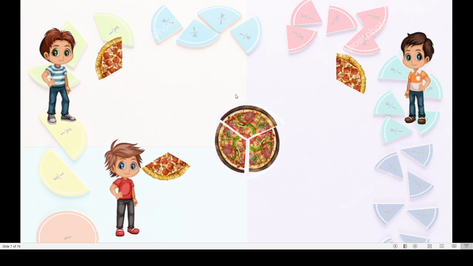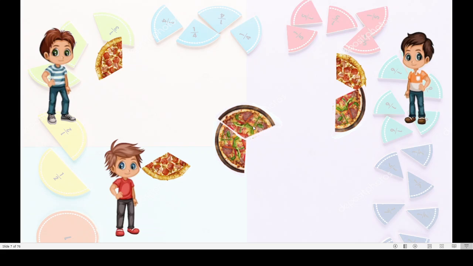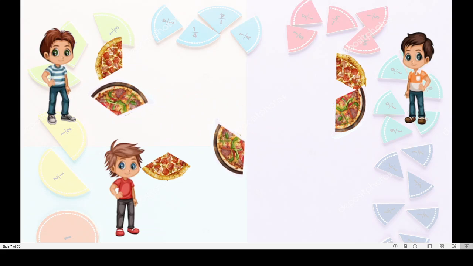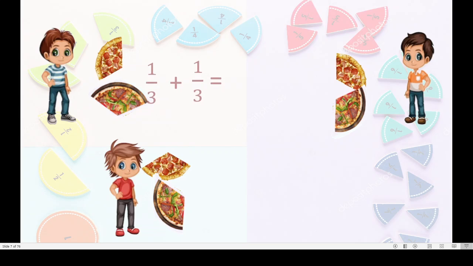Yes. Now we will move to this pizza. Here also we will distribute one piece to each child.